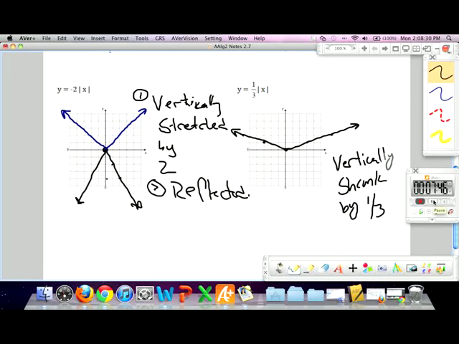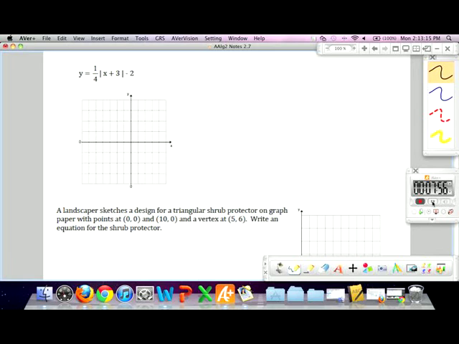All right, the descriptions I see. The descriptions first would be, bring it back inside here, people. The description of how this would change compared to the parent would be the following. We're subtracting 2 outside, so this is a vertical shift down 2. It's a horizontal shift left 3.